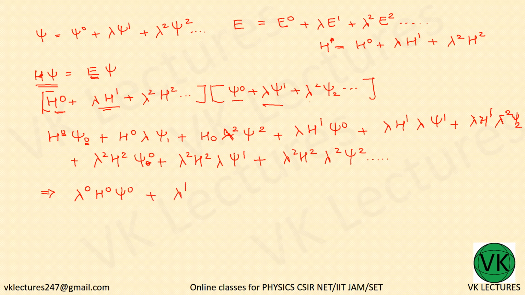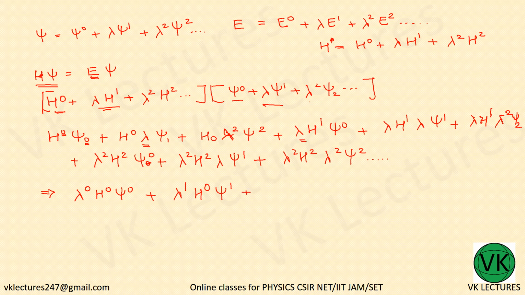Whenever we have lambda 1, you can use H naught psi 1. Okay, then wherever we have lambda, just take it out.